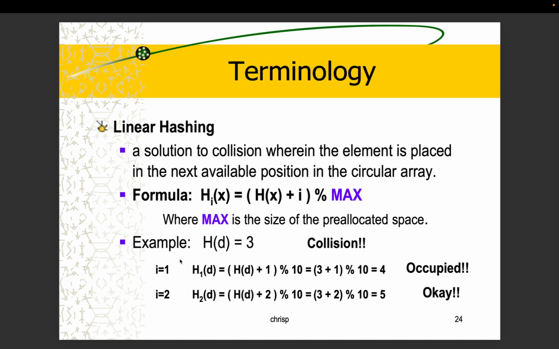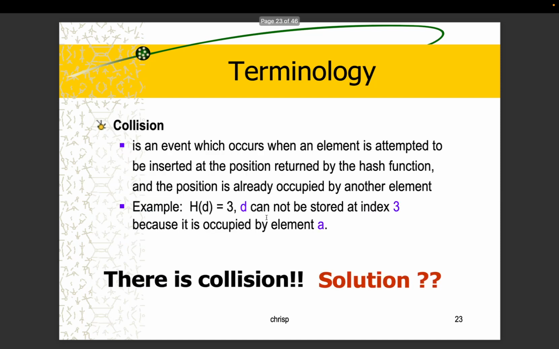The formula for that is h of x equals hash of x plus i, modulo max. I is just an iterator. Because we're using a circular array, remember we will do modulo max, wherein max is the size of the pre-allocated space.